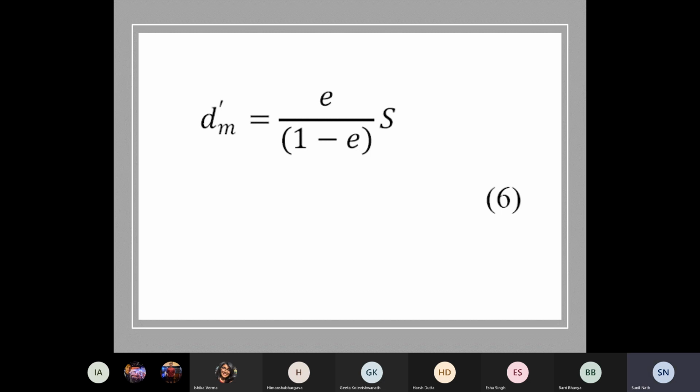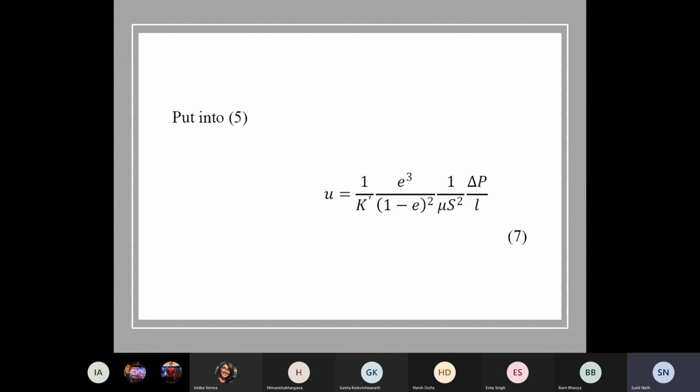Then this led to the equation which I call Kozeny equation, all of which started from Darcy's law. Okay, we started from Darcy's law, a very simplistic form. Okay, and then we have derived this equation for pressure drop and mean velocity through the bed of solids in terms of all the various parameters such as the length of the bed, the specific surface area, the voidage, the viscosity of the fluid, and the Darcy's law constant, or what in this case is called Kozeny's constant, K prime.